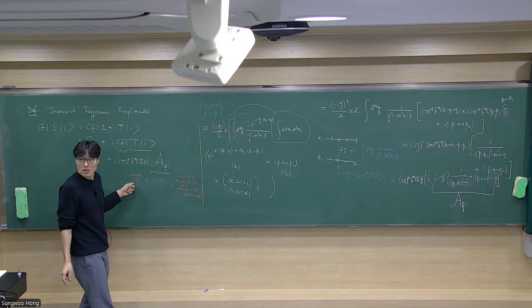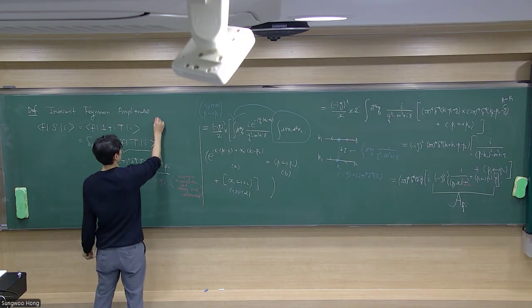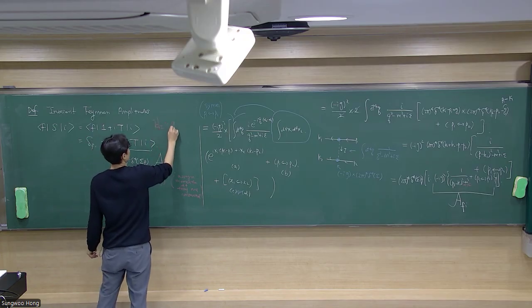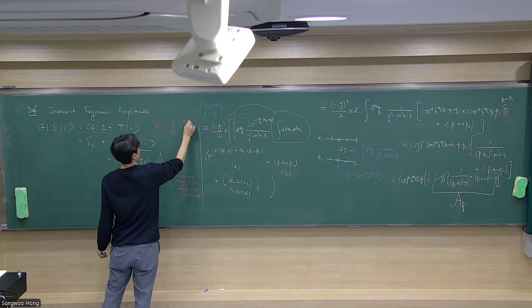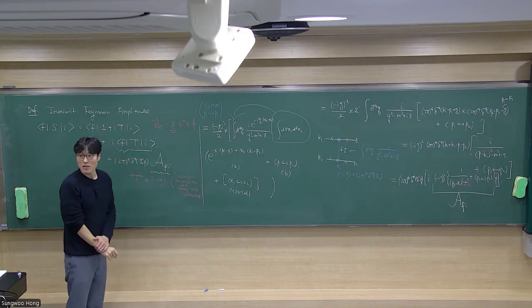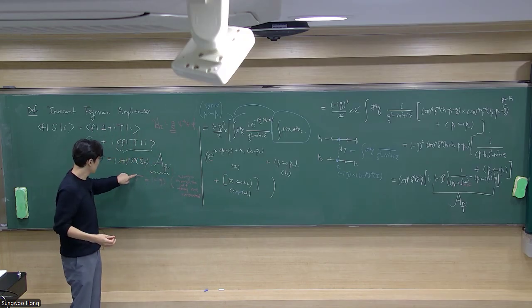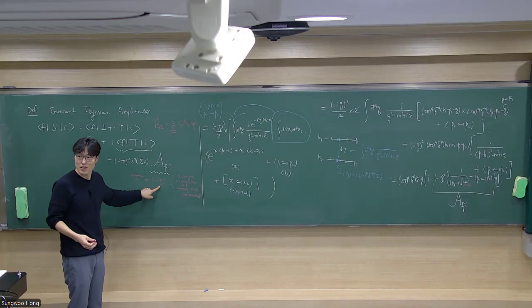Yes? What is g? g was the coupling constant appearing in front of this local interaction. The strength that controls this. That's why you see this. Okay?